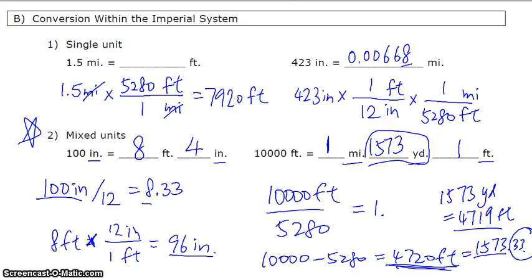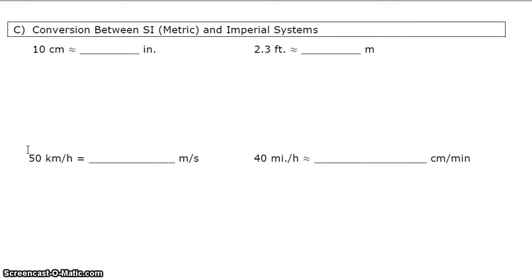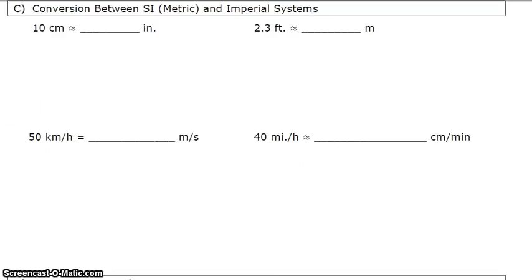Now let's move on to converting between 2 different systems. Once again we use unit conversion. How can I turn centimeters into inches? If you use unit conversion, you don't need to worry about whether to multiply or divide. You just put it in the right place. I don't want centimeters, I want inches.